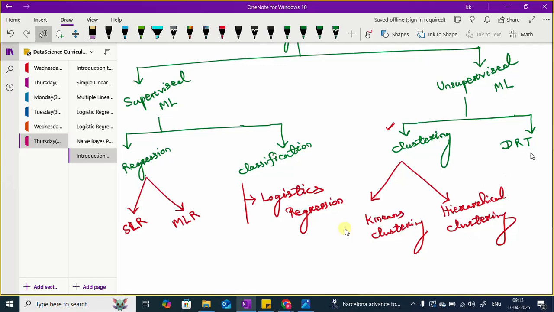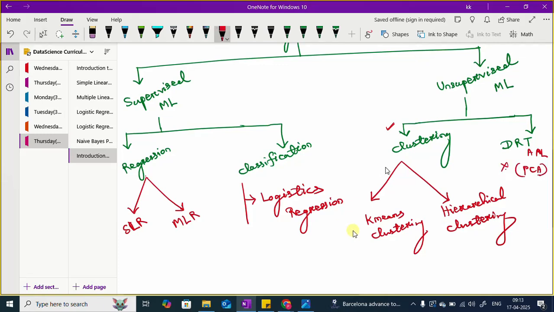And obviously, this is part of advanced machine learning, and this is not included in your curriculum, keeping the semester exam in mind. Basically, this is PCA, principal component analysis. But anyway, we are not going to cover this one.